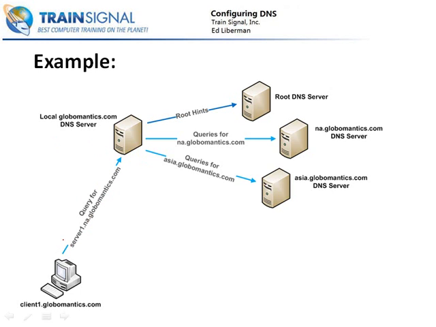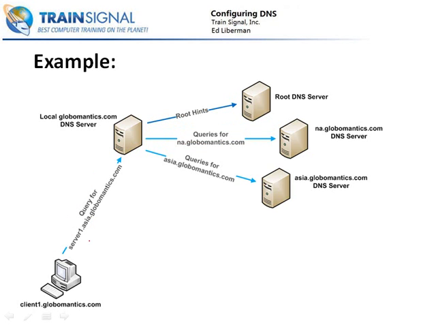But what if the client was asking for server1.na.globalmantics.com? This local DNS server is not authoritative for that particular domain, and it has been configured with a conditional forwarder for the na.globalmantics.com domain. So it sends that request on to the appropriate DNS server, who then, of course, sends back an authoritative response, which goes back to the client.